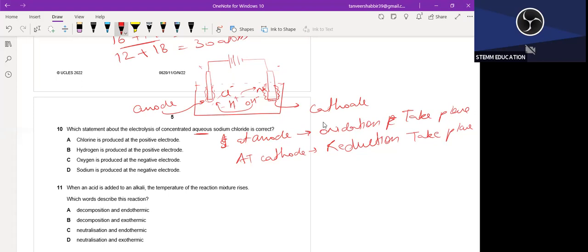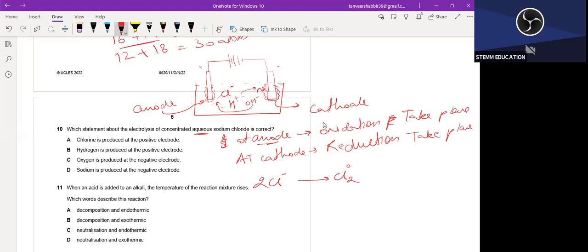So overall, when oxidation takes place at the anode, what will happen? Cl minus will convert into Cl, so here Cl minus is converting to 0.